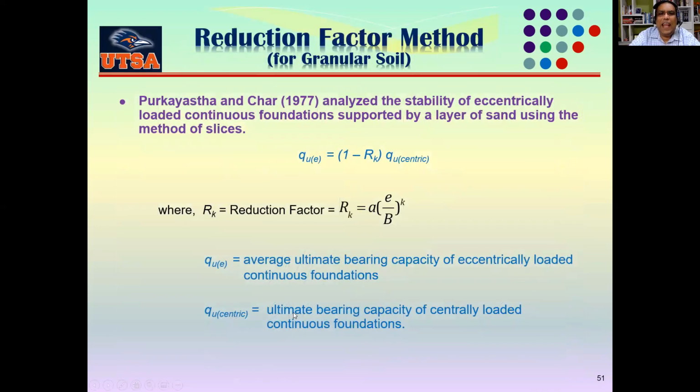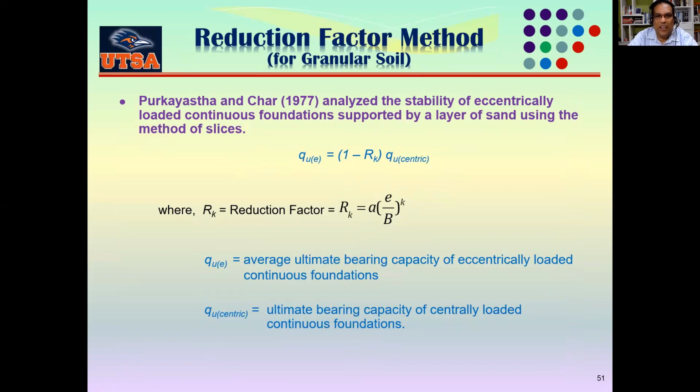There is another method, but this one is only applicable for granular soil. Okay. And you can see this is Prakash and Saran. They propose that method. They are saying that Q_u,e, e means eccentric, is actually (1 minus R_k) times Q_u centric. Centric means the load is working at the center of the foundation.